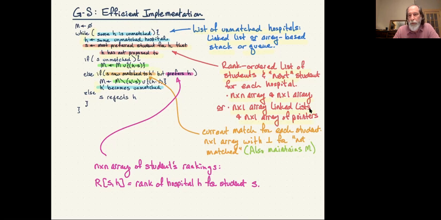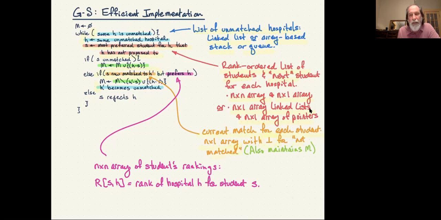Okay, and then we need to check if a student is currently matched and who they're matched with, what hospital they're matched with. For the current match for each student, we can have an n by 1 array, right? For each student, we have an element of the array. And in that array, if the student is matched with a hospital, we store the hospital. And if they're unmatched, we have some special value. I've written a bottom symbol here, but it doesn't matter what we call it.